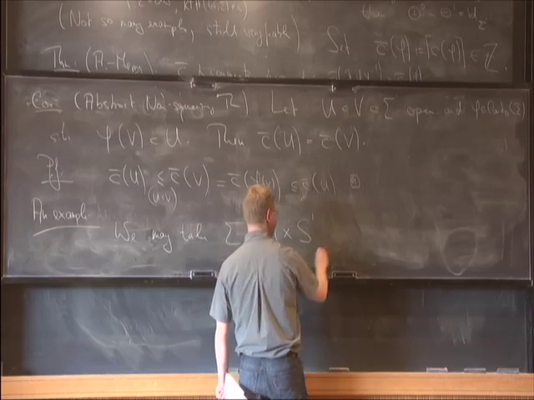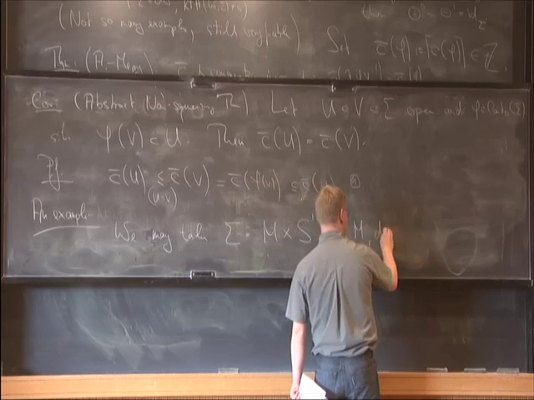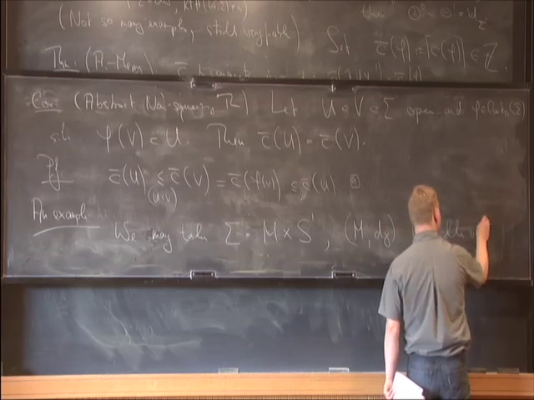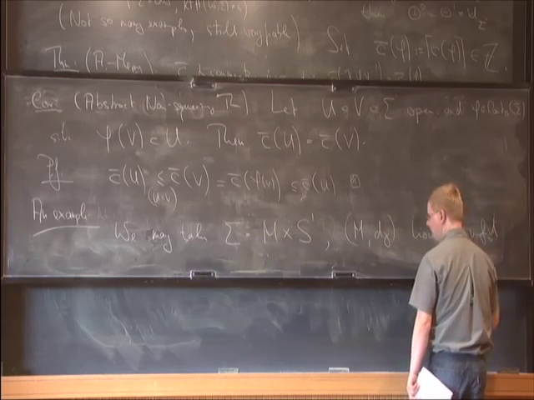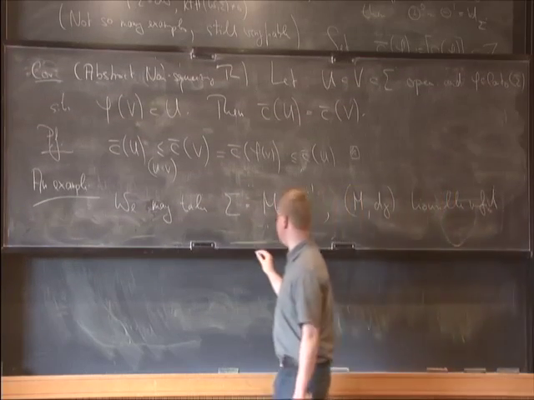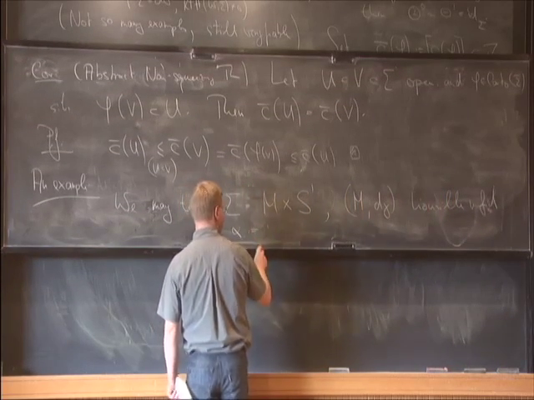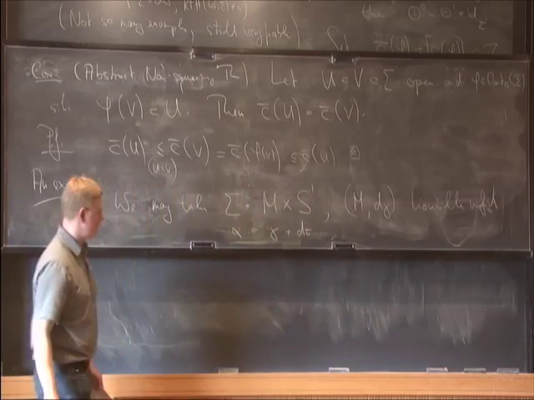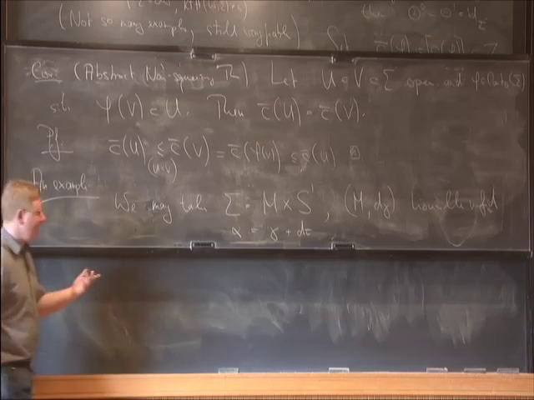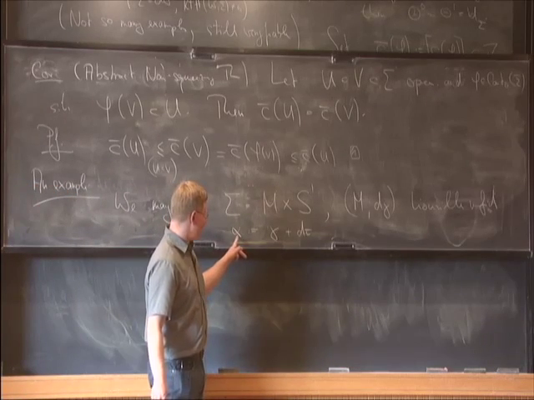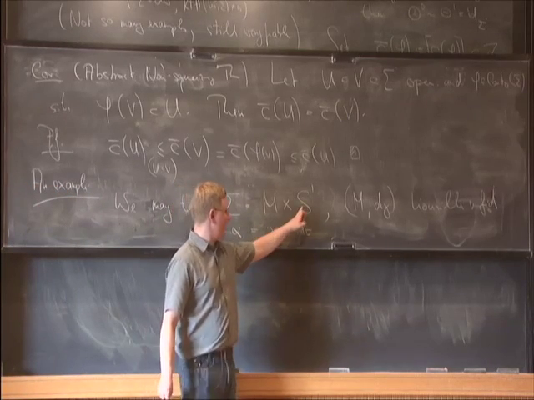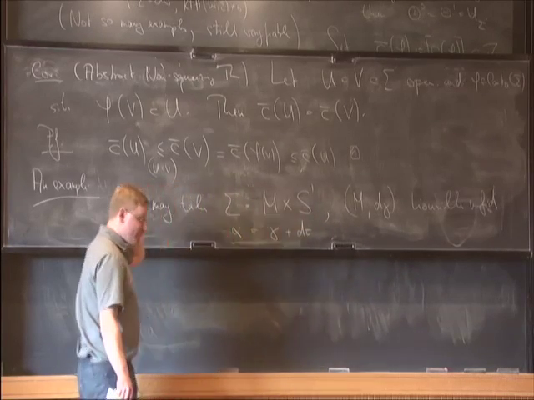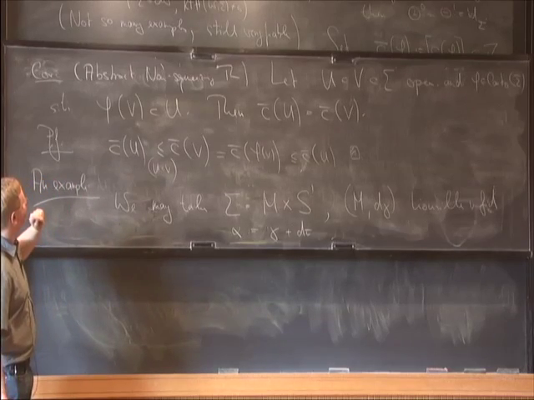If you take sigma to be M cross S1, where M, d gamma is a Liouville manifold, and the contact form you put here is gamma plus d tau, where tau is the S1 coordinate. Then you can see the Reeb vector field is just the vector field which points along the S1. So the Reeb flow goes always around S1. So this is a periodic contact manifold.